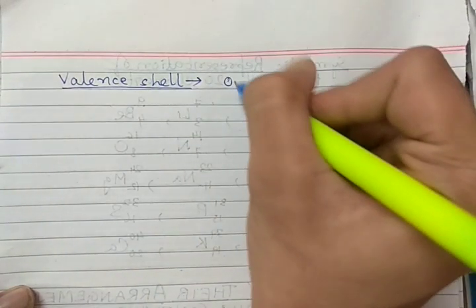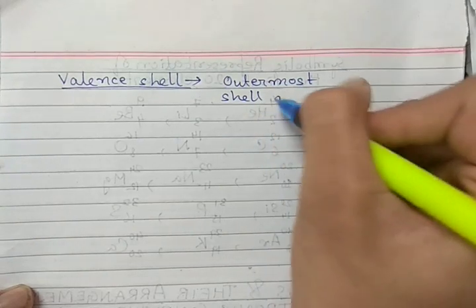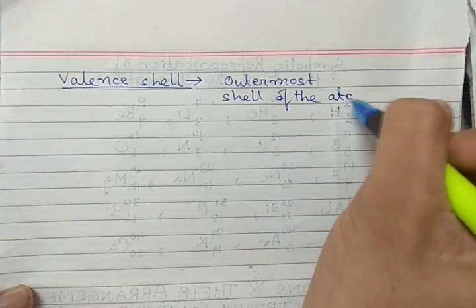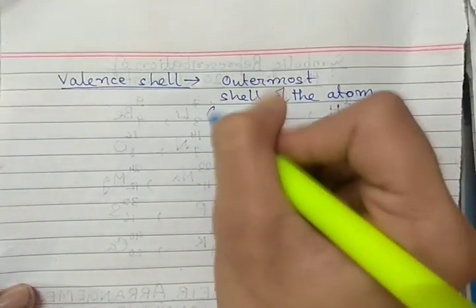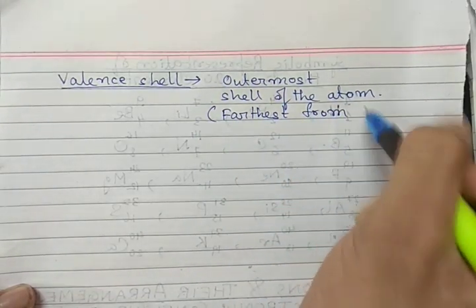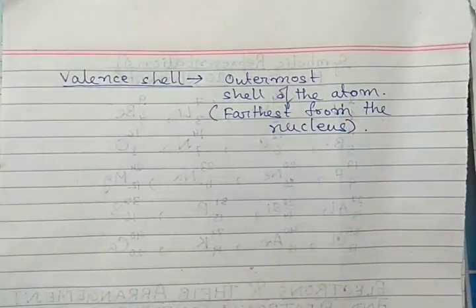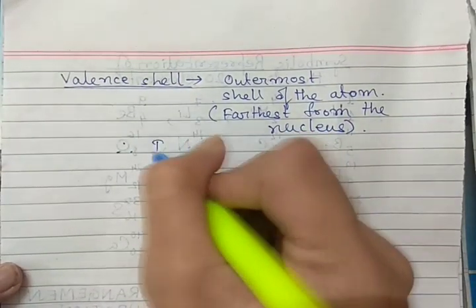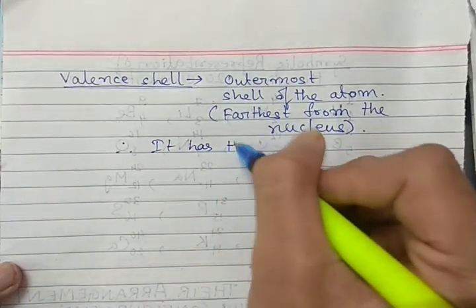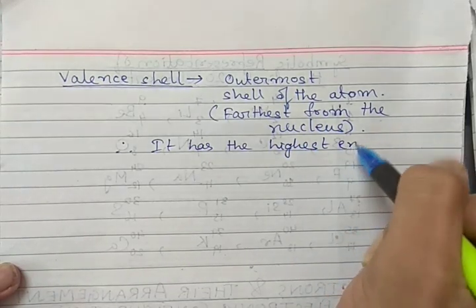The outermost shell of the atom is the valence shell, and it is farthest from the nucleus. Is it clear? It is farthest from the nucleus. This means it has the highest energy, okay?